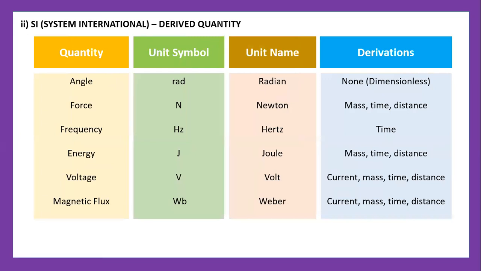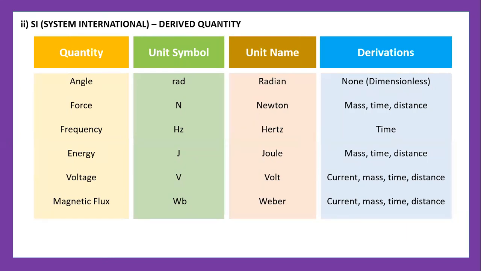Let's look into the derived quantity. For the System International, a quantity like angle uses rad, which represents radian, and in terms of derivation, it is dimensionless. Force, the unit symbol is N, which represents Newton, so the derivation is from mass, time, and distance. Meanwhile, frequency uses the unit symbol Hz, and the unit name is Hertz, derived from time.